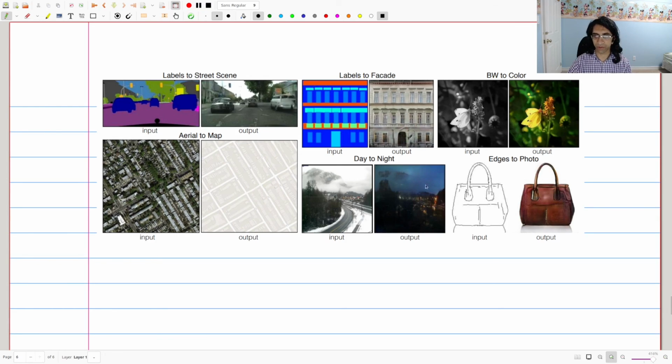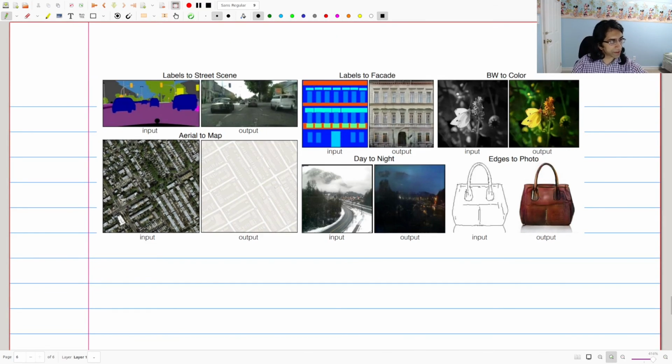Given a daytime image, it can generate the same image at nighttime. Similarly, if somebody just drew a picture of a handbag like this, it can figure out what the real handbag should look like, putting textures on it. I think this is really cool because it can translate image to image. This is from a paper by Isola et al.